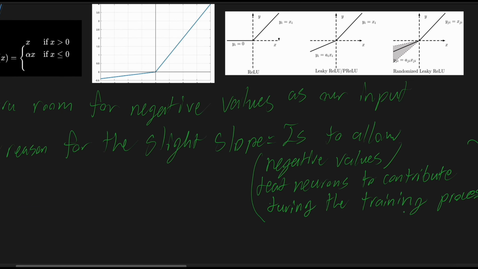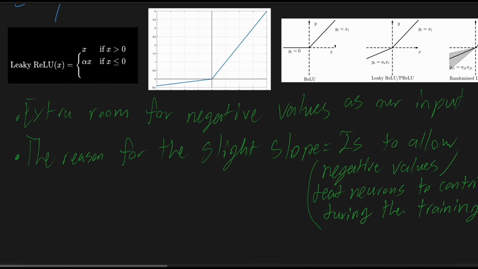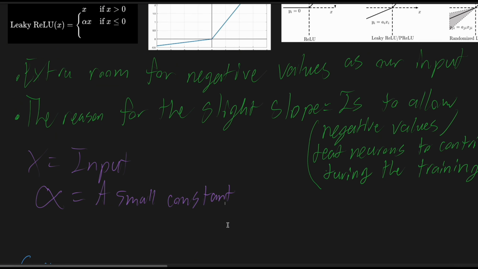Now, to give a breakdown of the symbols for the leaky ReLU, so we already know that x is going to be our given input if x is greater than 0, and then the following symbol is a small constant for negative values.